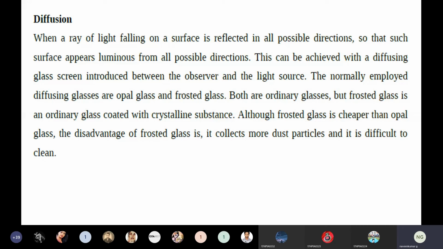They normally employ diffuse glasses: opal glass, frost glass, coated with crystalline substance, etc. Frosted glass is cheaper than opal glass. The disadvantage of frost glass is that it collects more dust. Frost glass is a rough surface, so we need to have it cleaned often. The process of cleaning is difficult. So this is diffusion.